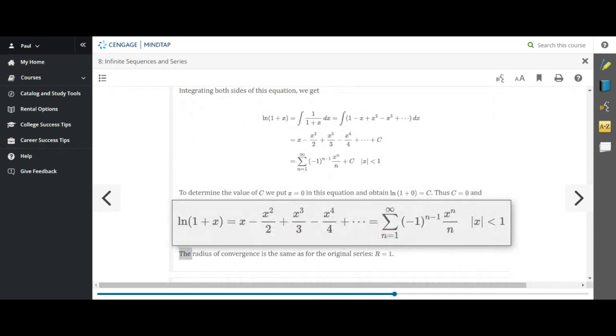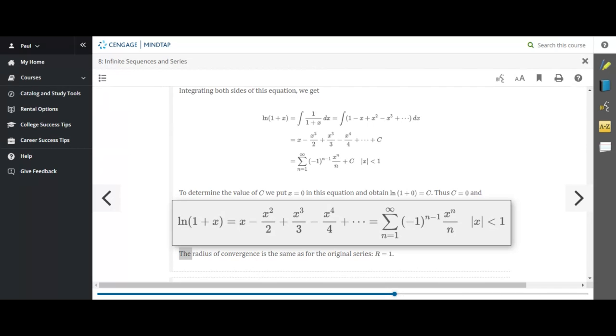there's a formula for the power series for the natural log of 1 plus x. It turns out that the constant of integration will equal 0. If you put x equals 0 into what they derive above, you know the power series has to be true for the values of x over the interval of convergence.